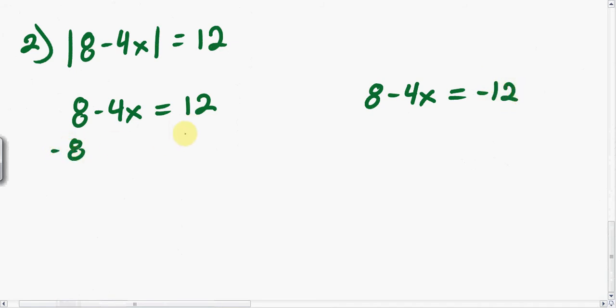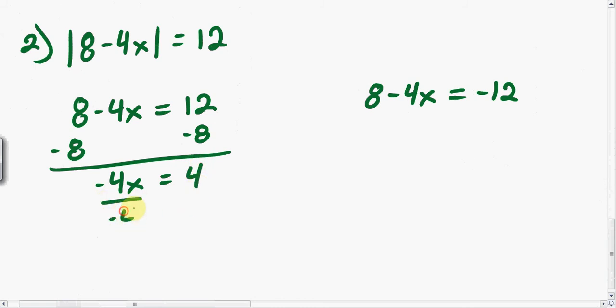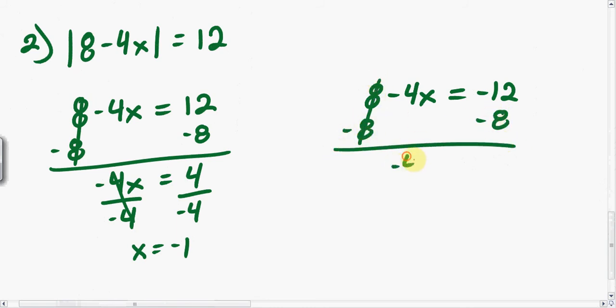So I'll subtract 8 from both sides. And we get negative 4x equals 12 minus 8 is 4. Divide both sides by negative 4. And x equals negative 1. This canceled and this canceled. Same thing here. I'm going to subtract 8 from both sides. 8 cancels, so I've got negative 4x equals negative 12 minus 8.